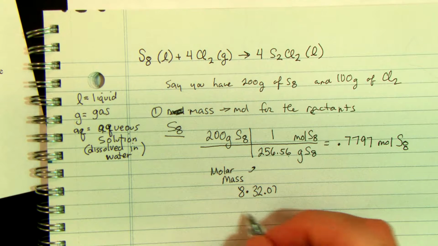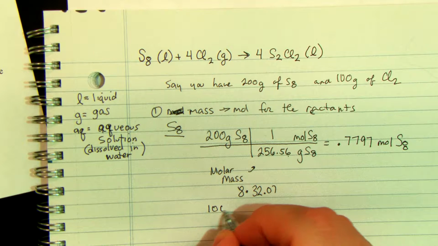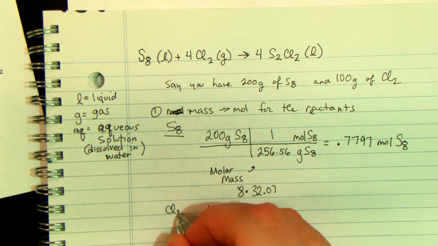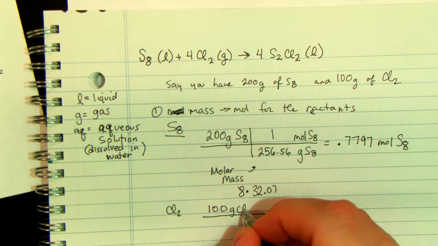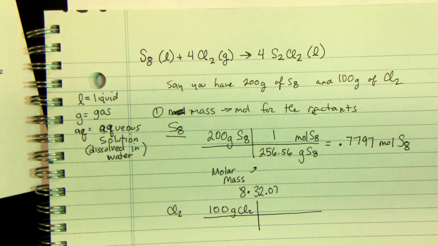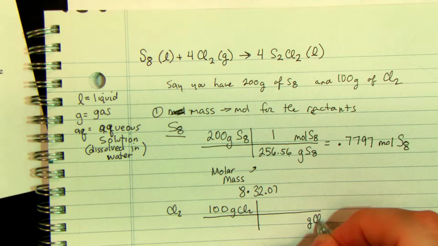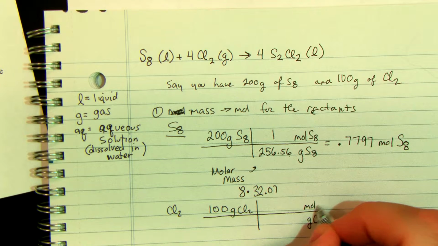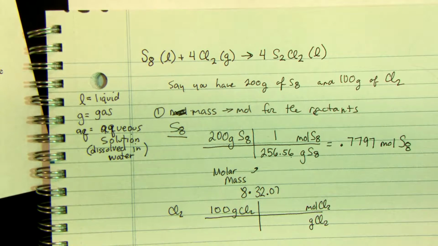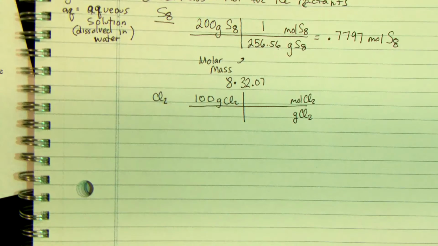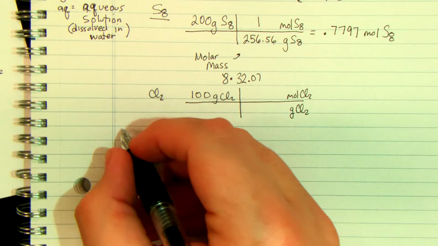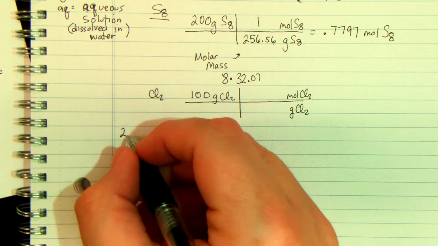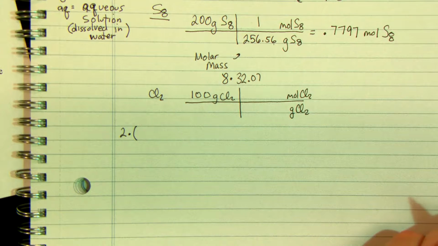All right. Next, we're going to talk about the Cl2. I got 100 grams of this guy. So now I'm going to get grams of Cl2 and moles of Cl2. So my next question is, for Cl2, it's going to be 2 times whatever the molar mass of chlorine is.